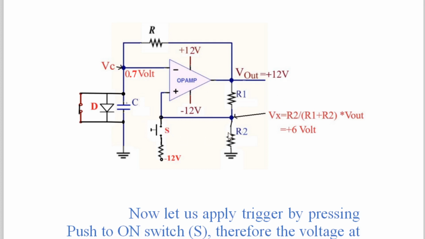So try to understand why this is 0.7 volt, why this is initially HVL, and why the diode is now a closed switch, because it is conducting heavily. After applying this plus 12 and minus 12 volt power supply, this will be the initial state, and in this state the monostable HVL state is maintained permanently.